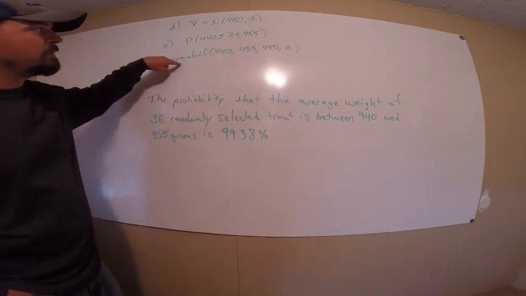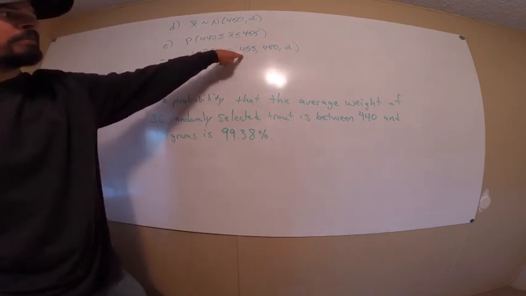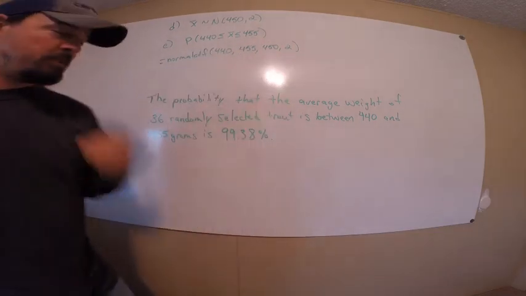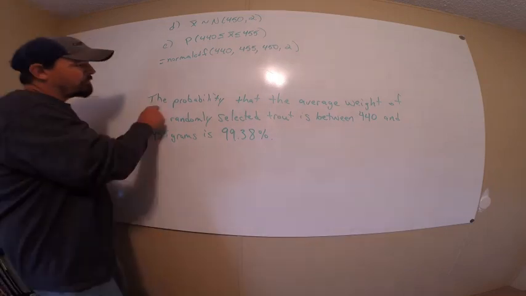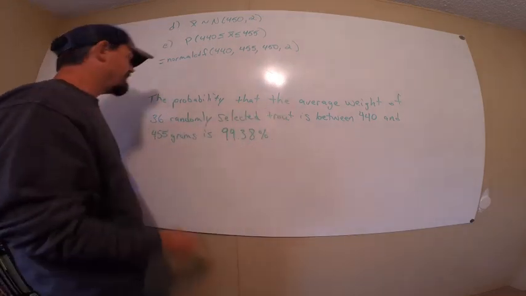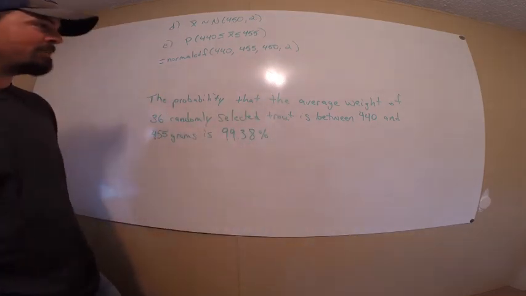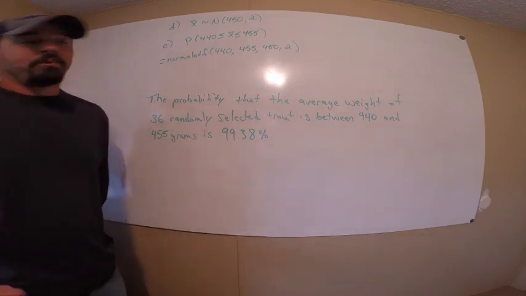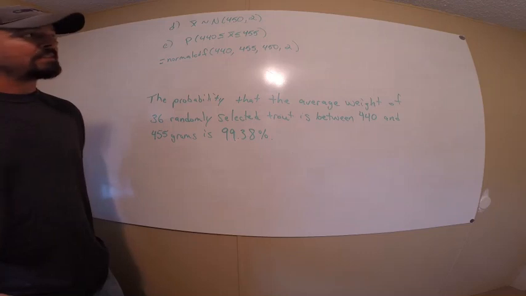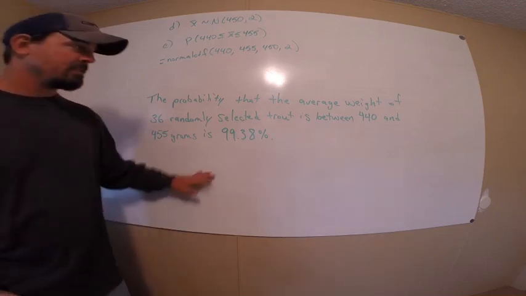Calculator statement: normal CDF, 440, 455, 450, and 2, just like what we typed on the calculator. Put it in a sentence with our percent: the probability that the average weight of 36 randomly selected trout is between 440 and 455 grams is 99.38%. That's it. Simple as it gets.